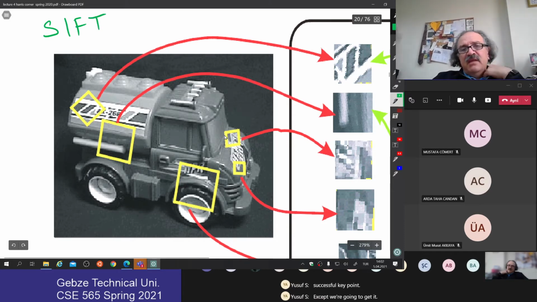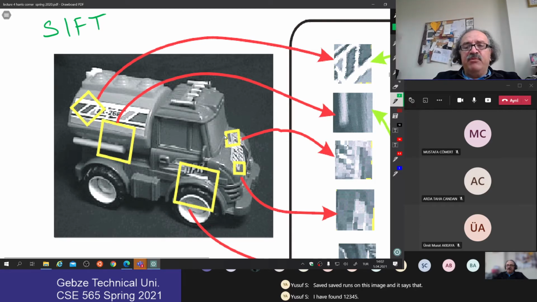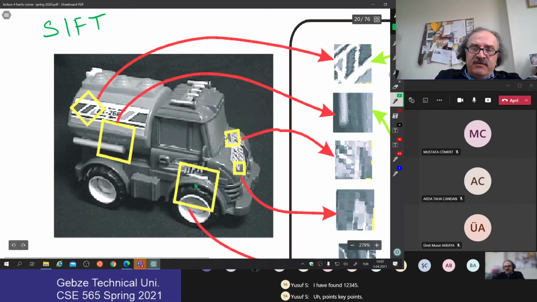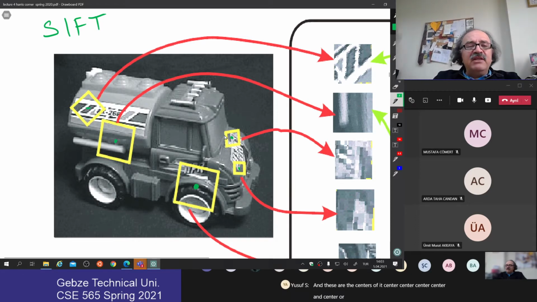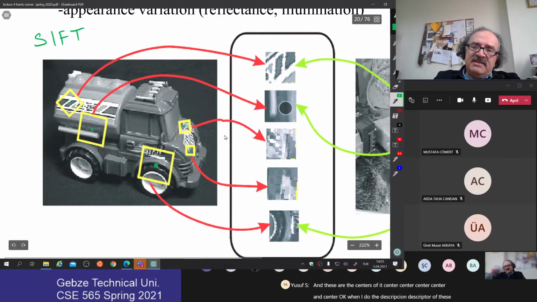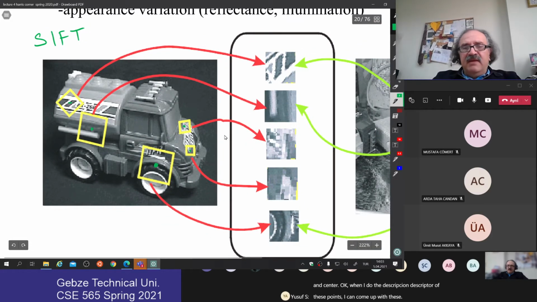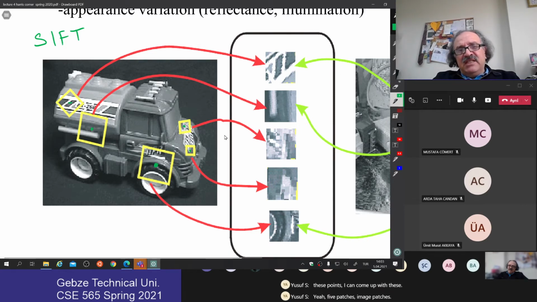SIFT runs on this image, and it says that I have found 1, 2, 3, 4, 5 key points, and these are the centers of them. When I do the descriptor of these points, I can come up with these 5 image patches. And note that these SIFT descriptors have some orientation in them too.